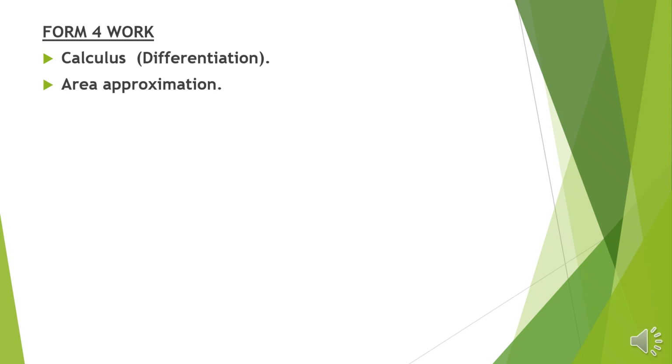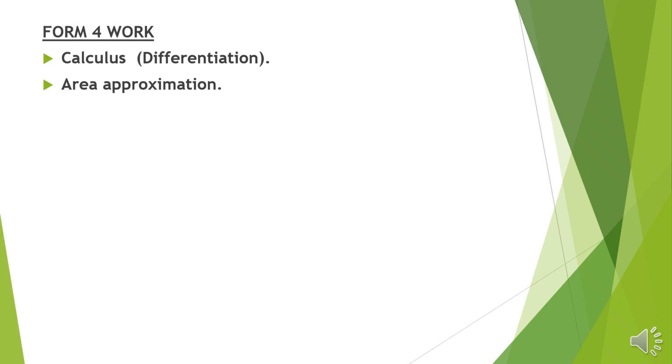In Form 4, commonly tested topics in paper 1, we have calculus. To be specific, that is differentiation. We have area and approximation. That is Form 4 topic. Remember, these are only commonly tested topics, but there are other topics.